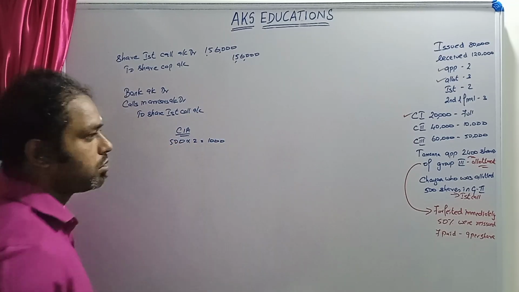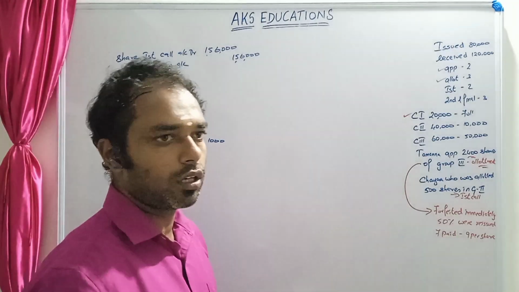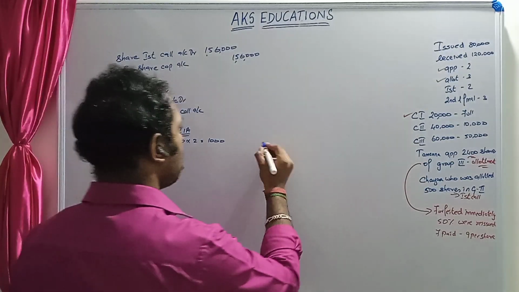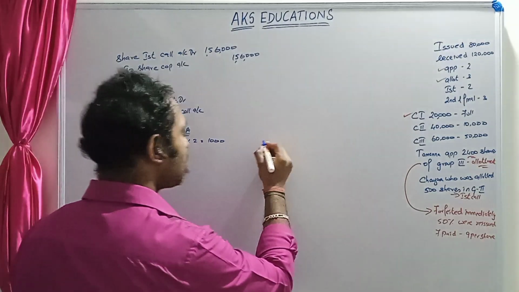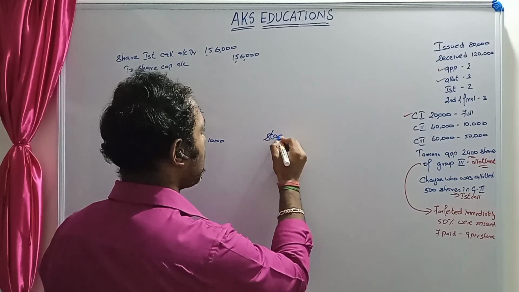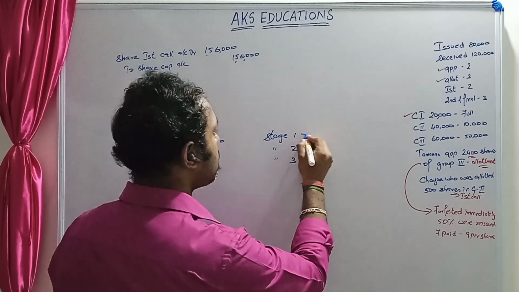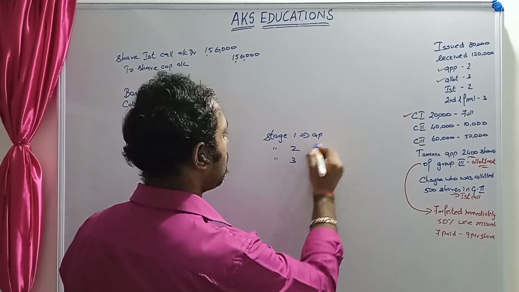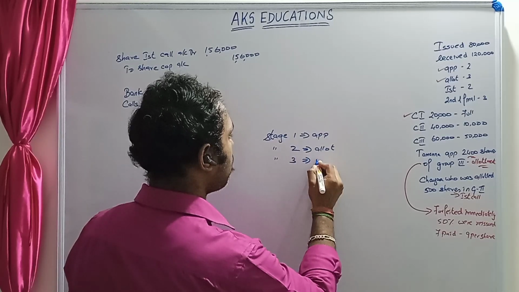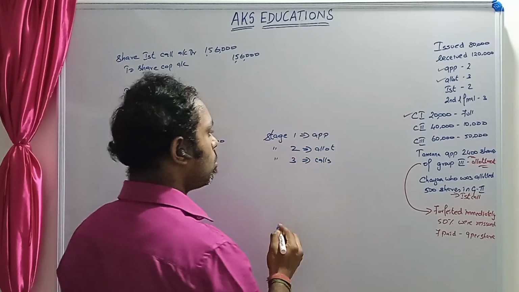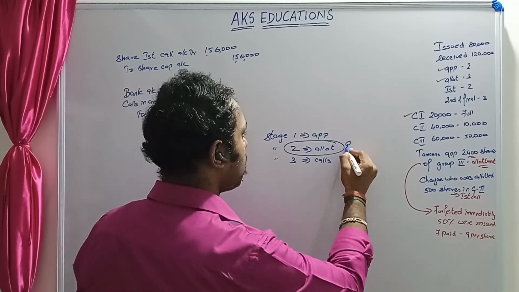Since it is in calls, obviously the excess amount cannot be utilized over here. For an easy understanding, we can use stages. Okay, stage 1, stage 2, stage 3. So stage 1 goes with application, stage 2 goes with allotment, and stage 3 with calls. So till stage 2 only the excess can be utilized.